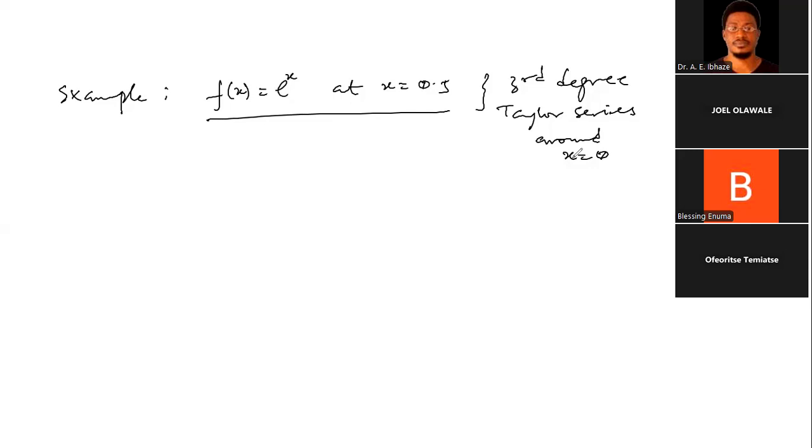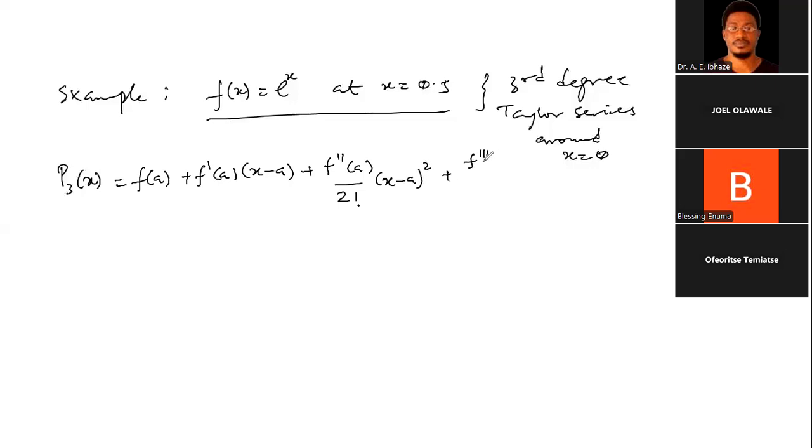In this case, we can put up the expanded form of the series. Now we have P_3(x), since we are truncating at the third term of the Taylor series, which will be the same as f of a plus f prime of a times (x minus a), plus the second derivative over 2 factorial times (x minus a) squared, plus the third derivative of the function over 3 factorial times (x minus a) cubed.